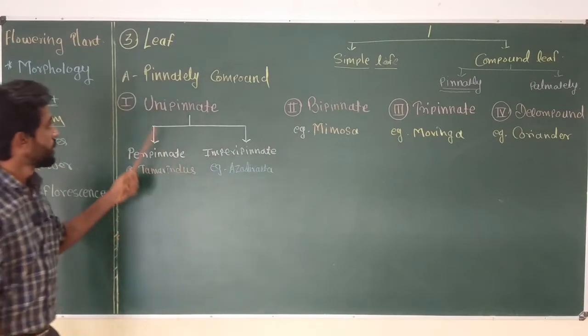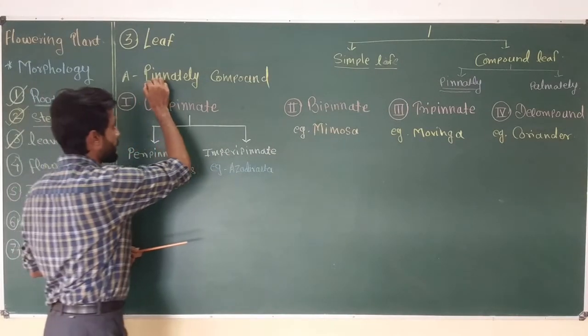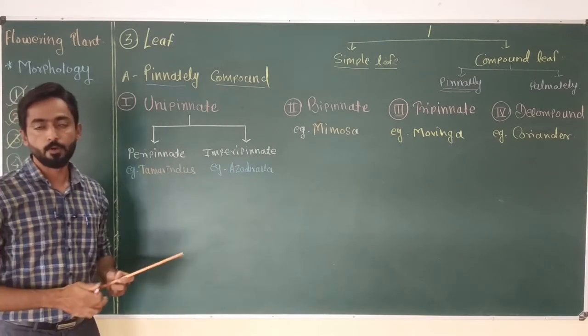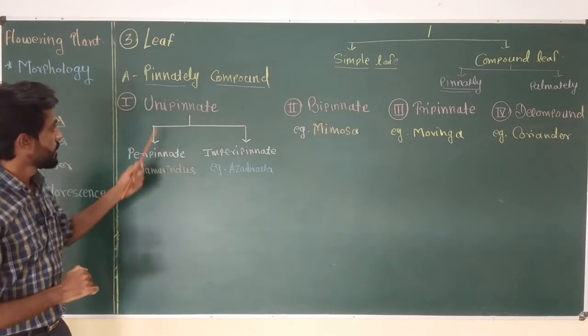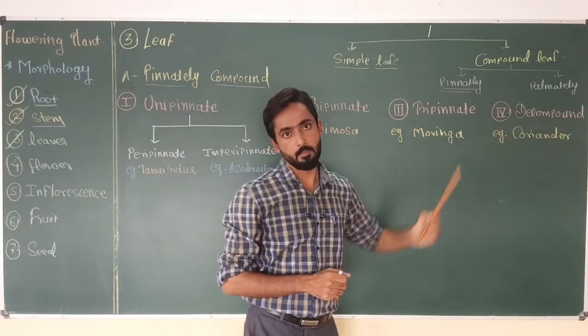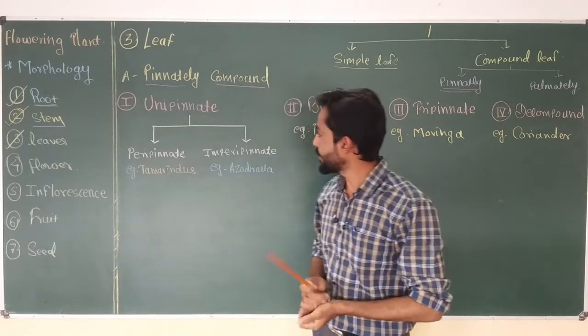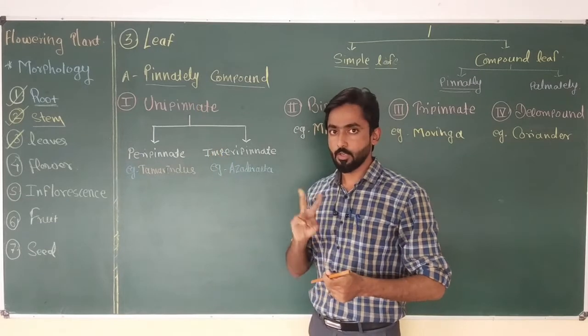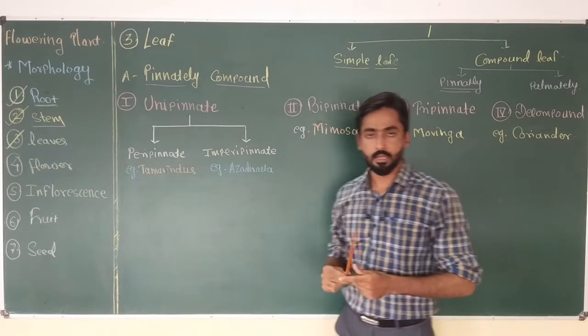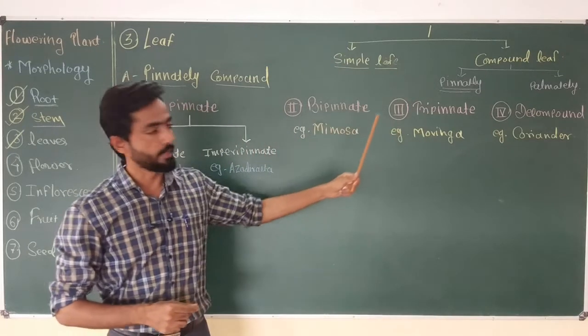So here I have mentioned the topic of discussion is pinnately compound leaf, and there are four different types of this leaf, that is unipinnate, bipinnate, tripinnate and decompound. Unipinnate is again divided into two types, that is paripinnate and imparipinnate.